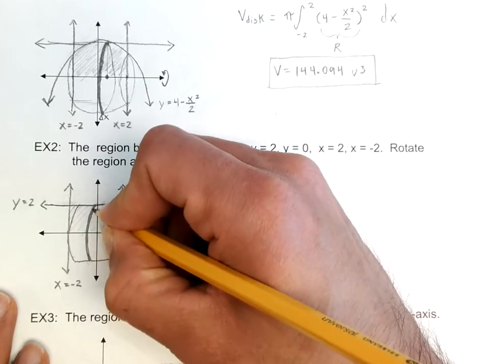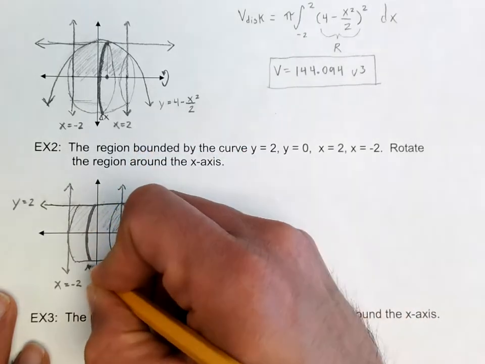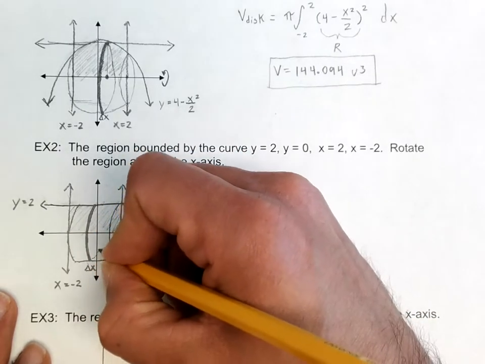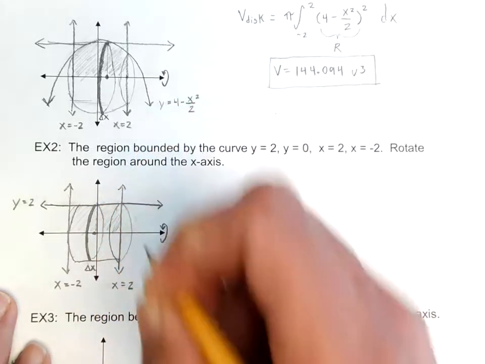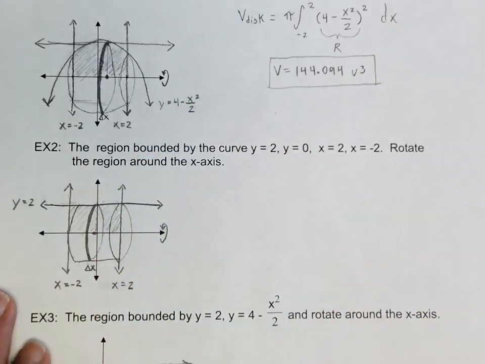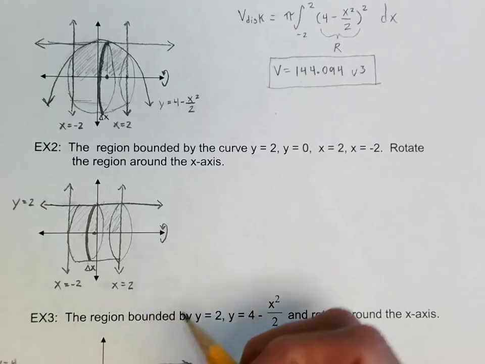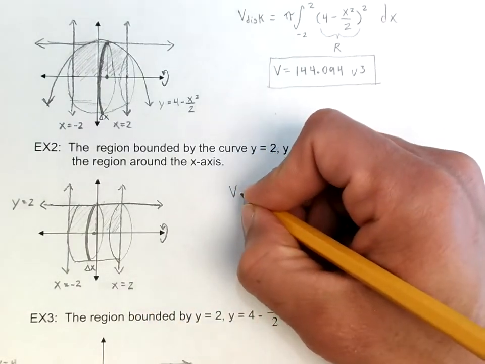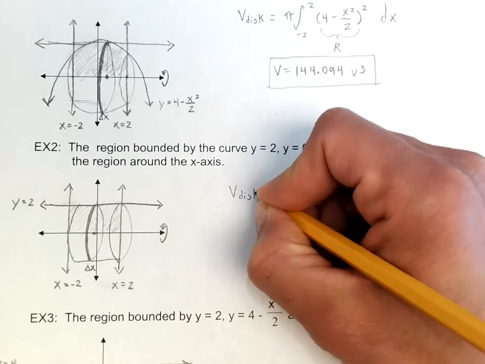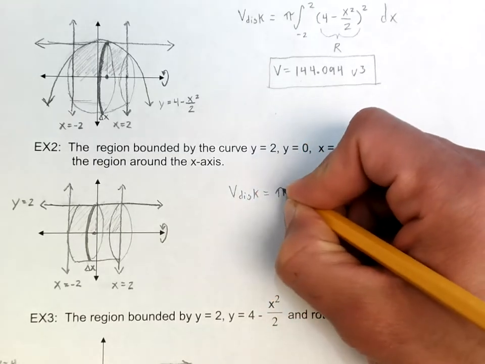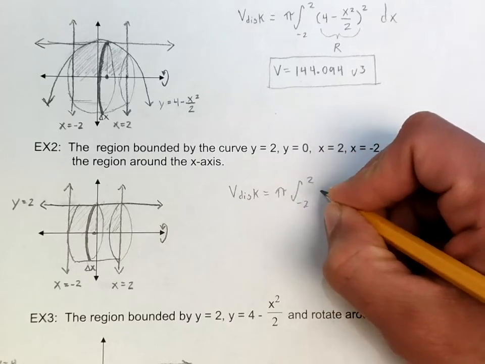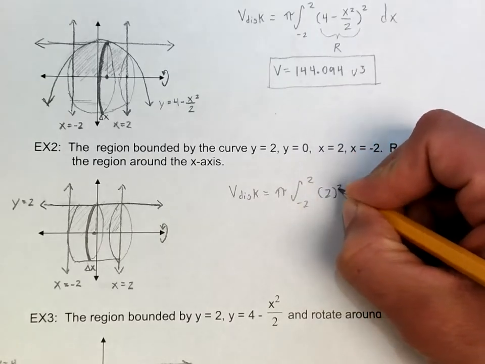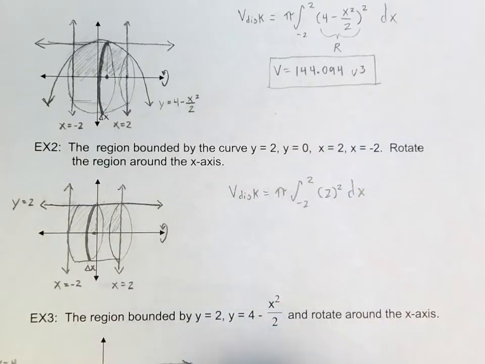This would be delta x again. And the radius, from here to the top, would just be 2. So on this one the radius is a whole lot easier to see. To find the volume using the disk method, we have the formula that we figured out on topic 72, where the radius is 2, squared, dx.